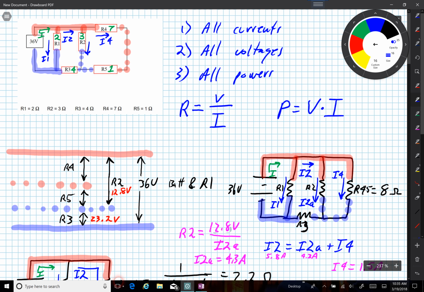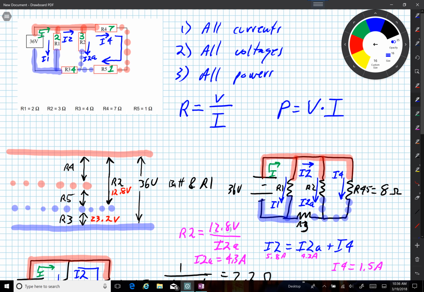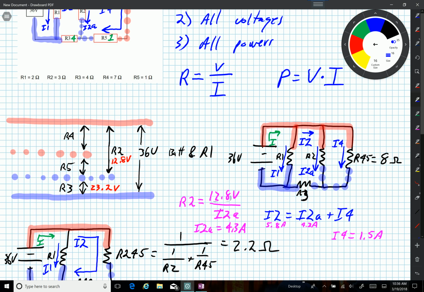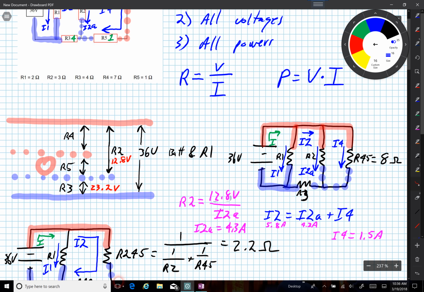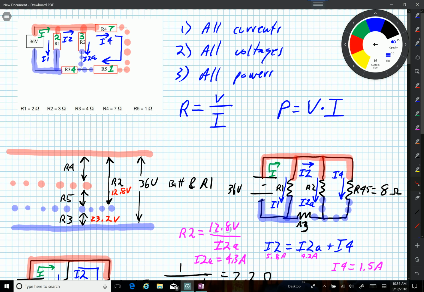And here is I2A. Okay, and I4 goes through both R4 and R5 because they're in series. I have a couple of places that I don't know voltage. I don't know voltage on my ladder over here. I don't know the voltage here across R5, and I don't know the voltage here across R4. So that's my next job, is to figure those out.